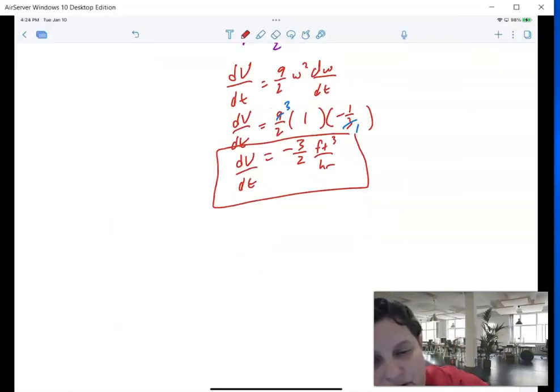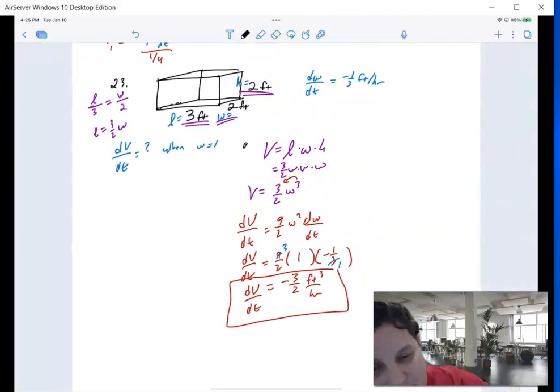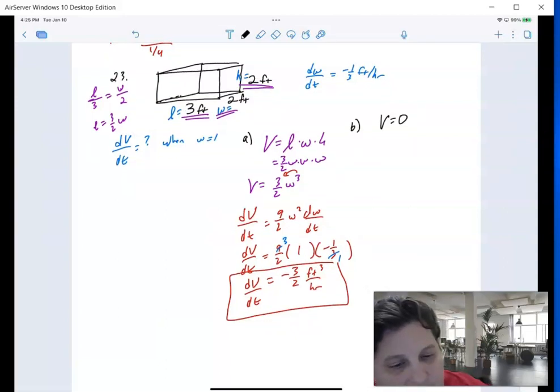Now looking at part B, same scenario as part A. What's the amount of time it will take for the block of ice to completely melt? Well, I want volume to be 0.